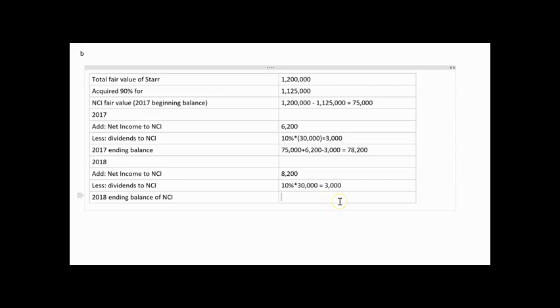The balance at the end of 2018 equals the beginning balance 78,200 plus 8,200 income minus 3,000 dividend. So 83,400 is the non-controlling interest balance in Star at December 31st of 2018.